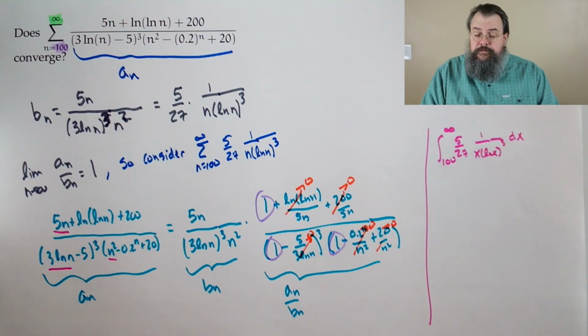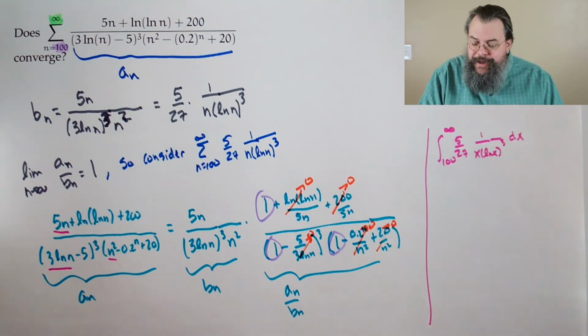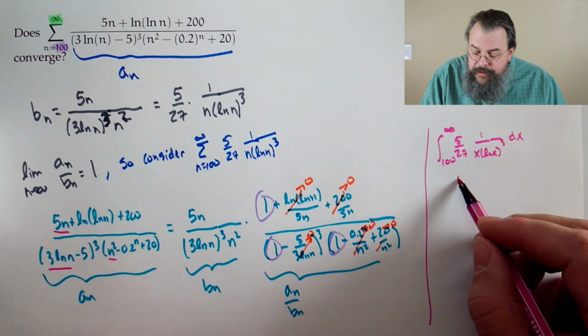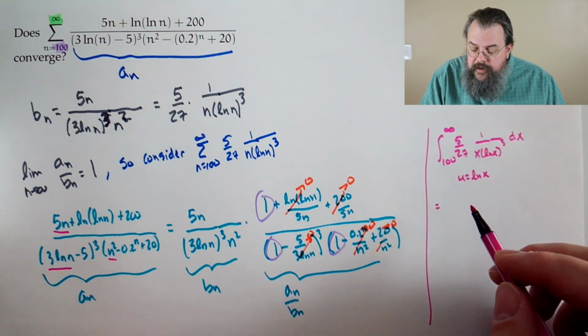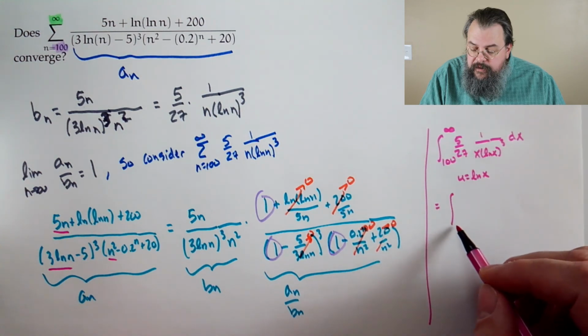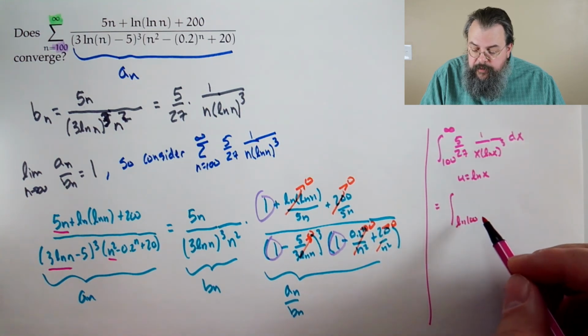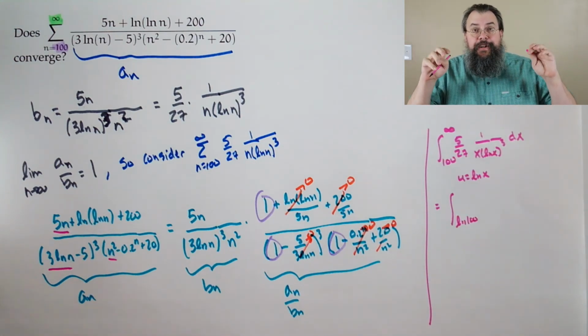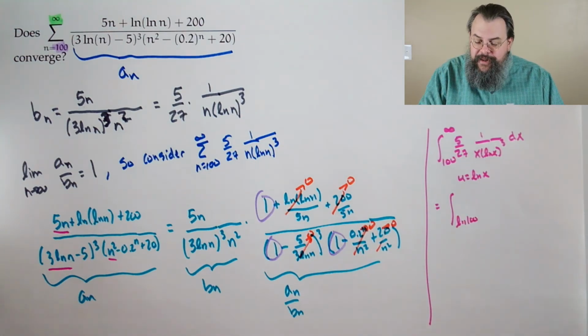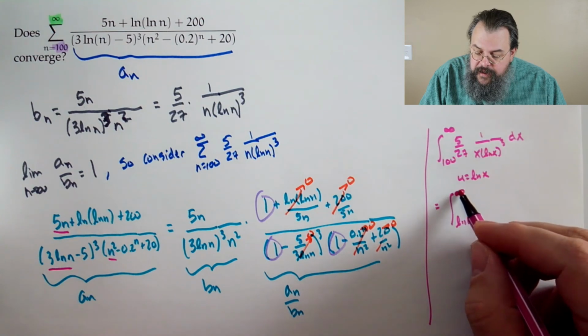How can we do this integral? Well, what we can do is substitution. u equals log x. All right, so what does this become? We get log of 100, some number, and as you head to infinity, you go to infinity.